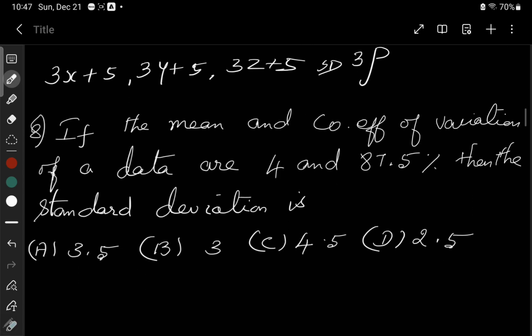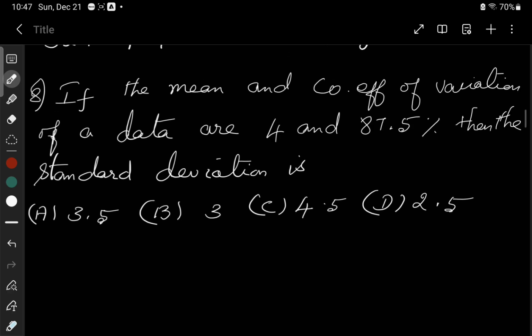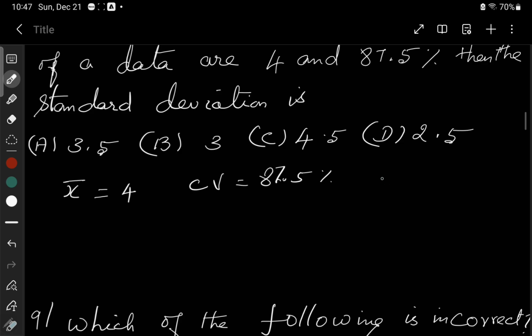If the mean and coefficient of variation of data are 4 and 87.5, then find the standard deviation. Mean x bar is 4, coefficient of variation CV is 87.5 percent. Find the standard deviation sigma.